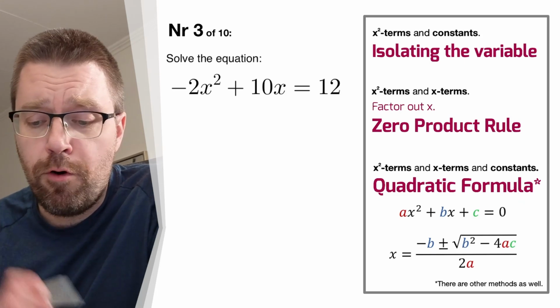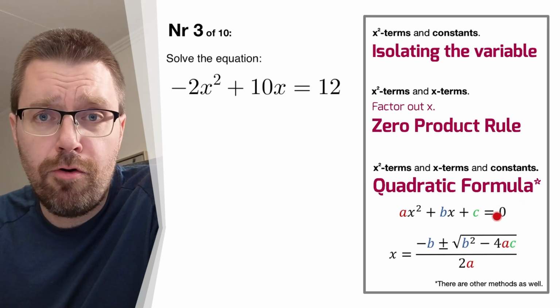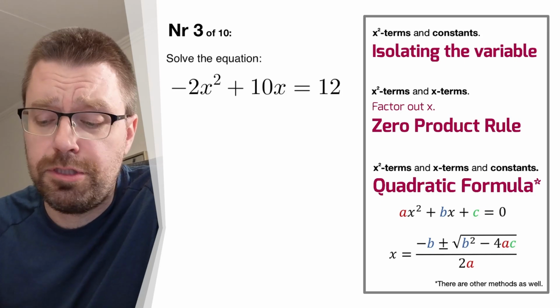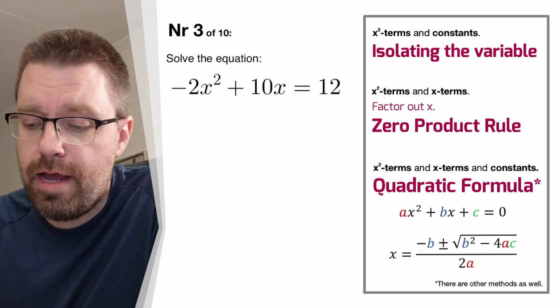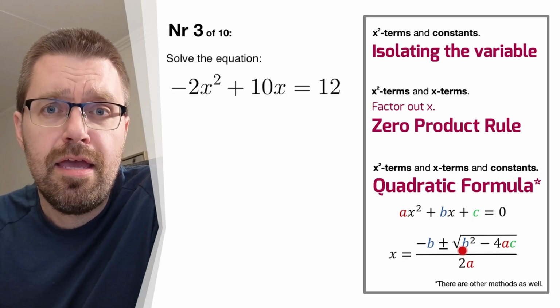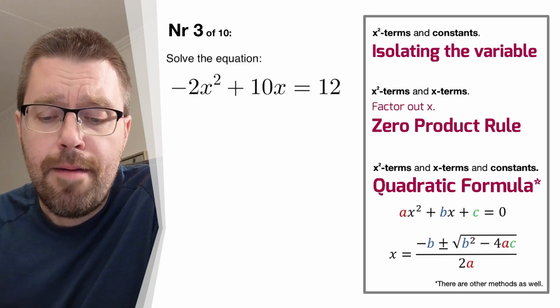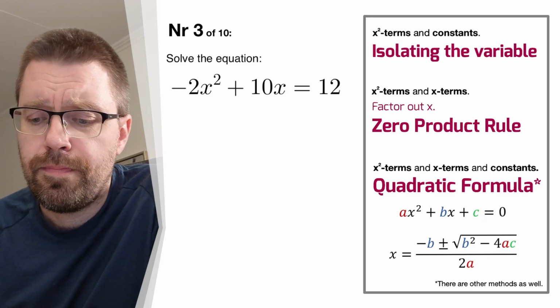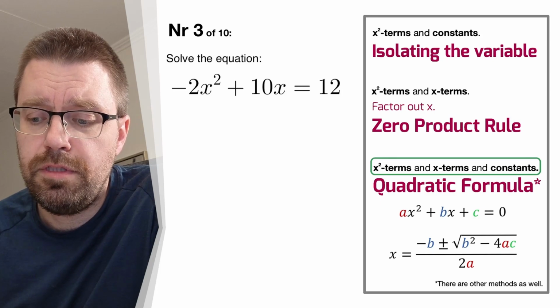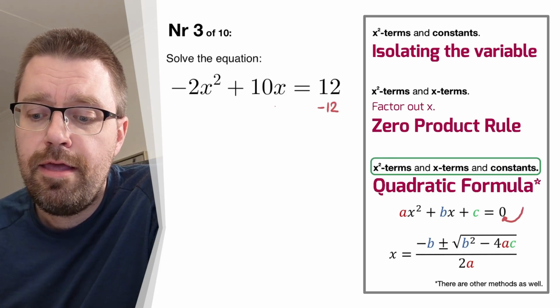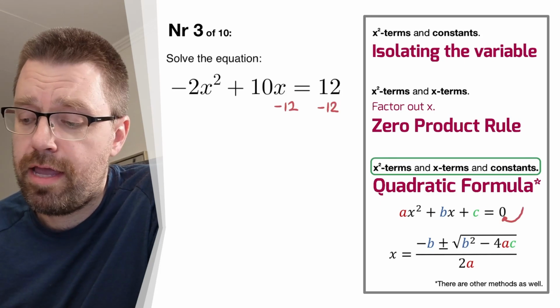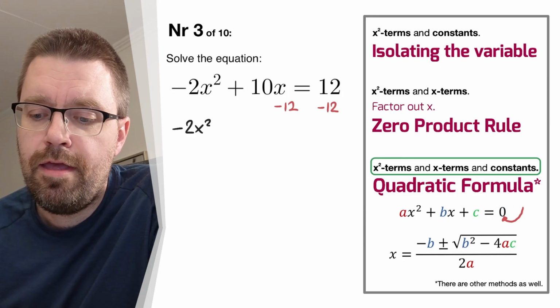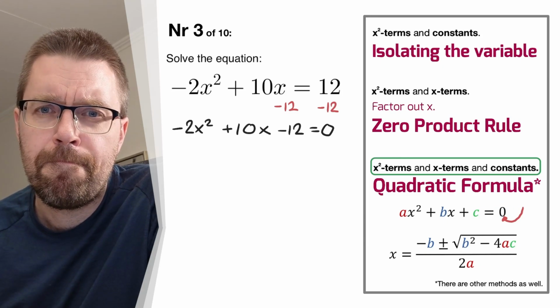With the formula, if I can get 0 on one side, then I can just put the coefficients a, b, and c into the formula. But to start, I of course take away 12 from each side like this. So I get 0 here and write it like this.